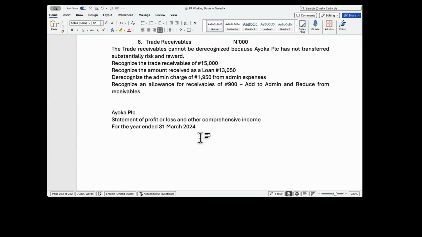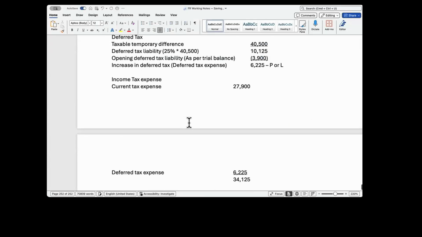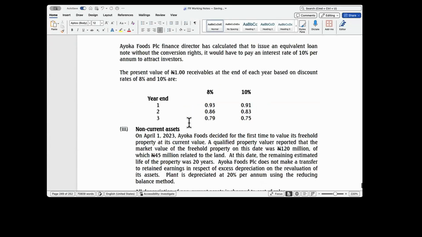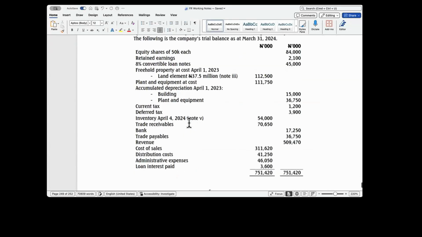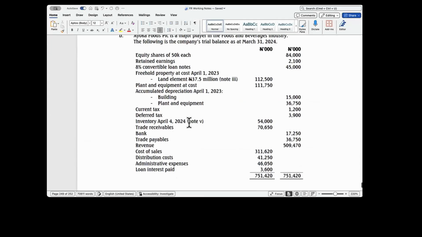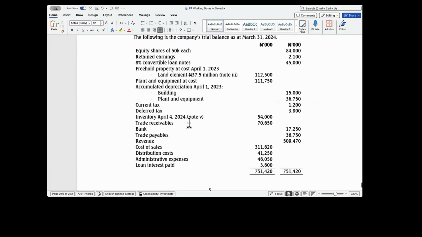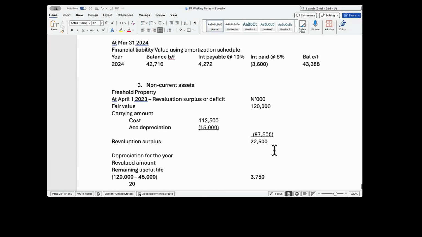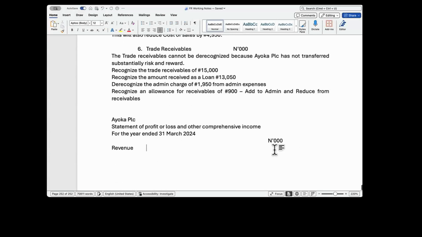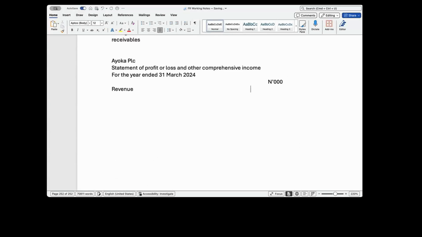So what's my revenue? Now somebody can snap this and be calling the figures for me, because I need all these figures now, but it's okay. 509,470.